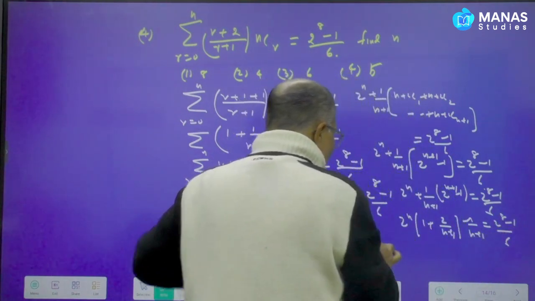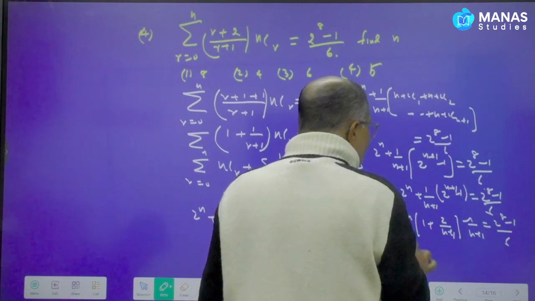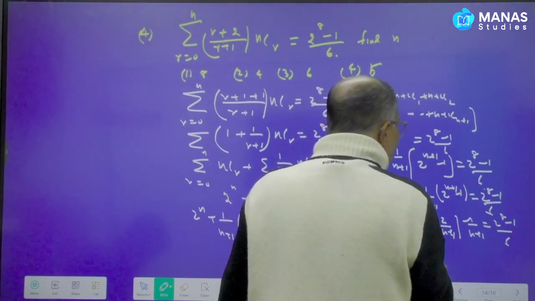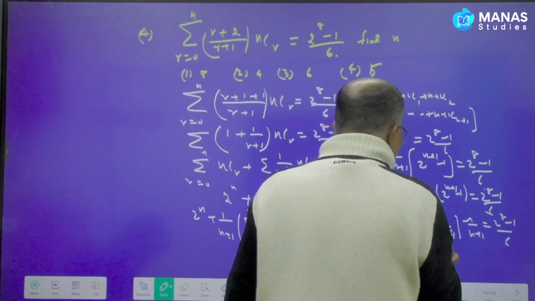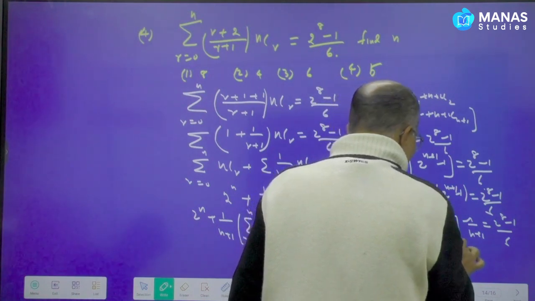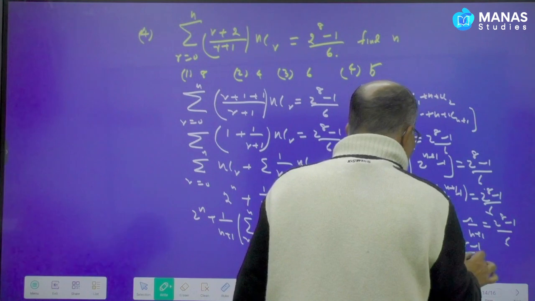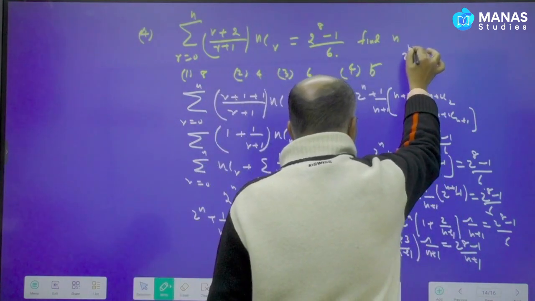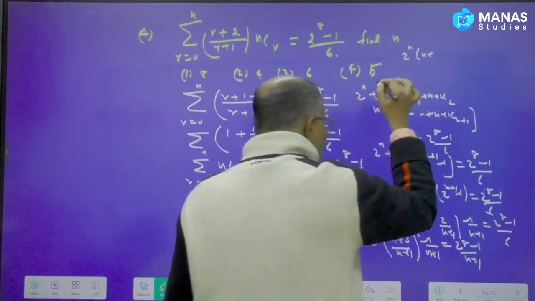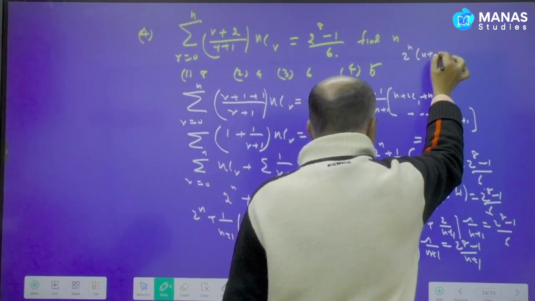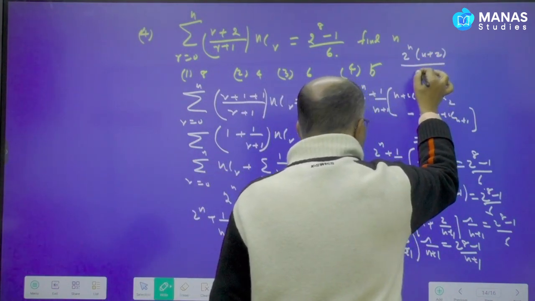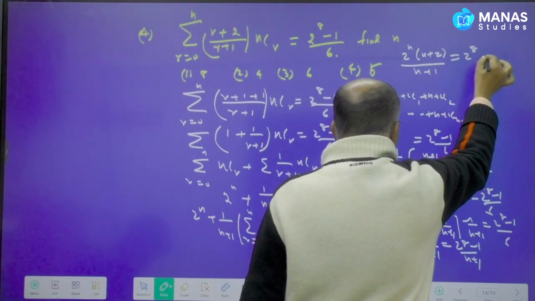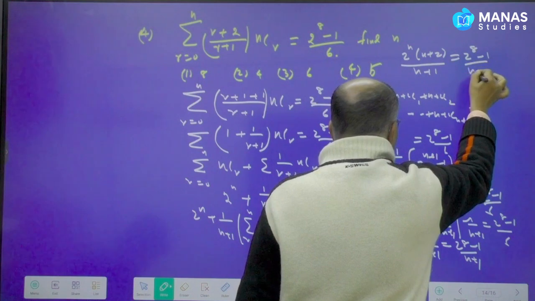So this is 2 power n multiplied by (n plus 3) divided by (n plus 1) minus 1 upon (n plus 1) equal to 2 power 8 minus 1 by (n plus 1). That is nothing but 2 power n multiplied by (n plus 3) minus 1, which is n plus 2, divided by n plus 1, equal to 2 power 8 minus 1 by n plus 1.